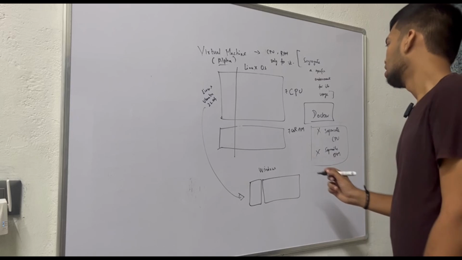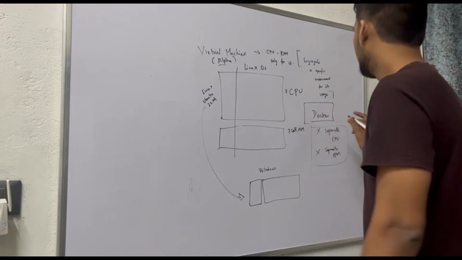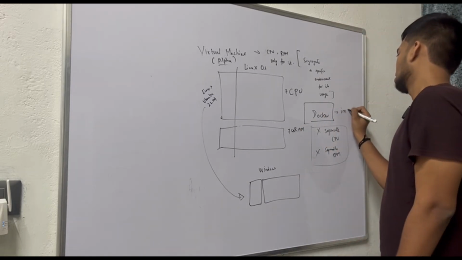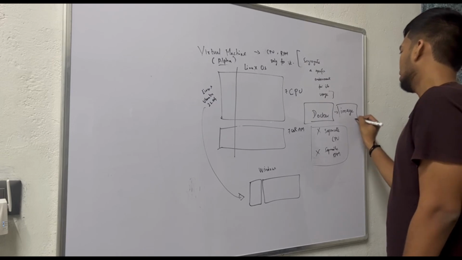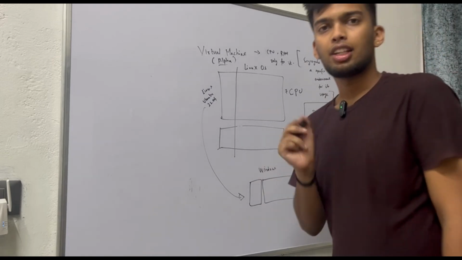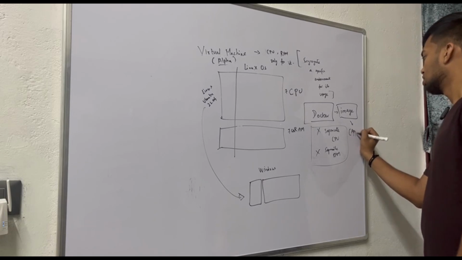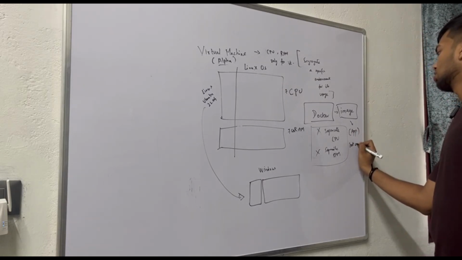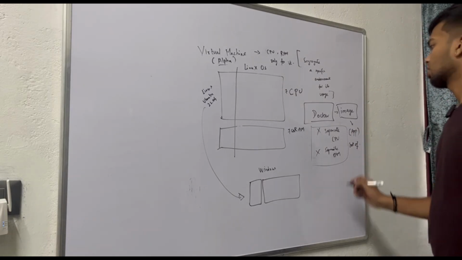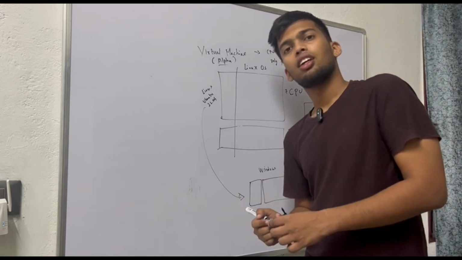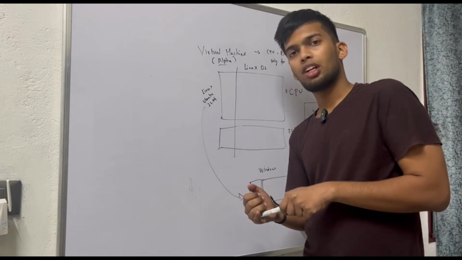But this can be considered as an image. What image means here is an executable application. It's like an app. So an app can be run anywhere, right? If we have configured things properly.